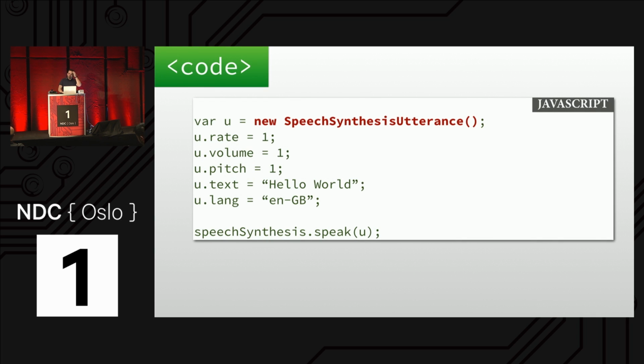The API is simple. This is how you're going to speak. You create a new object, you set some properties, like the text, the language that you want to use, the pitch, the volume, and you say speak. Okay? The challenge that some browsers are working on for VR is that today some browsers will let your website speak only when the user interacts with a button or something, not when the page loads, for example.